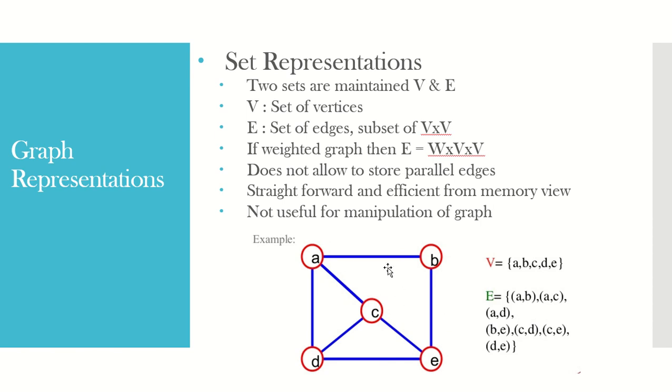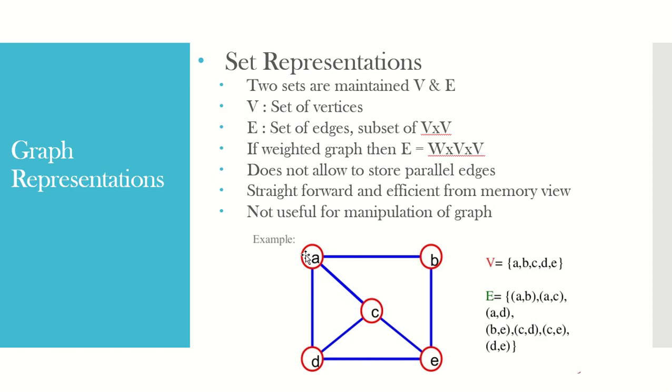Now, suppose this graph was a directed graph. If you had an edge with a direction from A to B, then you have to write A to B. You cannot write it as B to A. Or if you had an edge from E to B, then it should be mandatorily written as the ordered pair E, comma B. You cannot write it as B, comma E. Whereas in the case of an undirected graph, whether you write it as A, comma B or B, comma A, both represent the same edge.